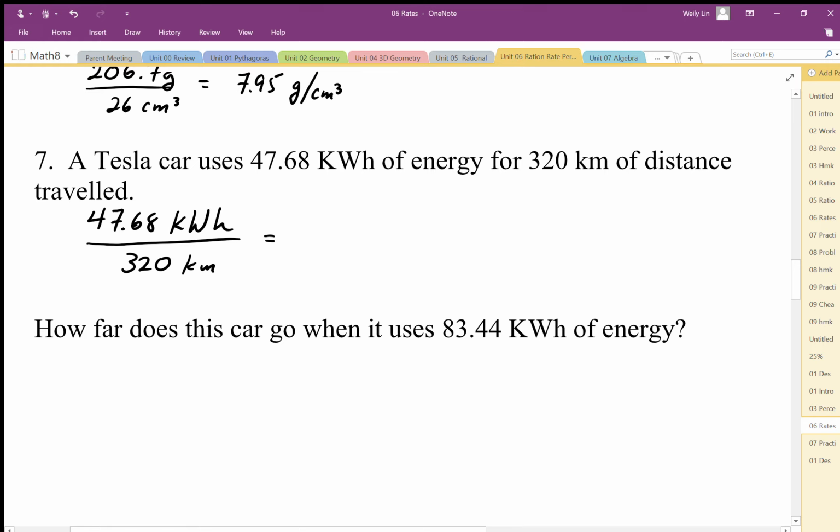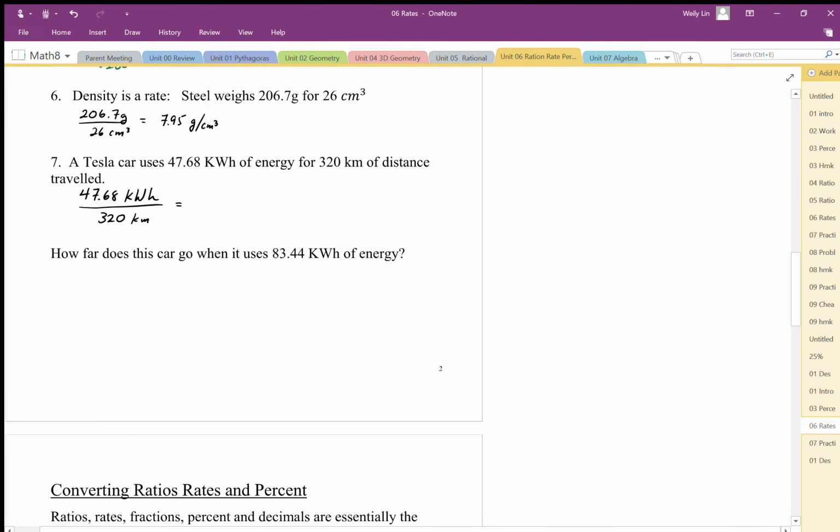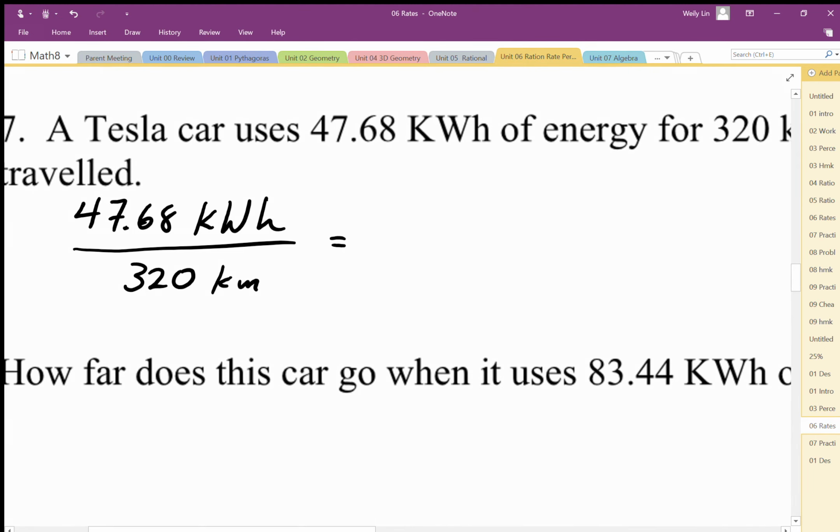When we divide these two, I'm going to get my unit rate. So 47.68 divided by 320. And that gives me 0.149 kilowatt hours per 1 kilometer, or per kilometer.